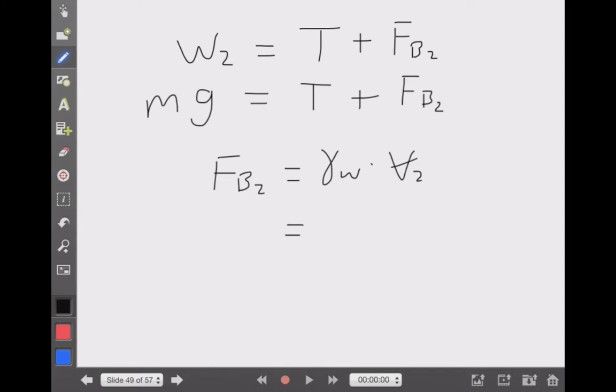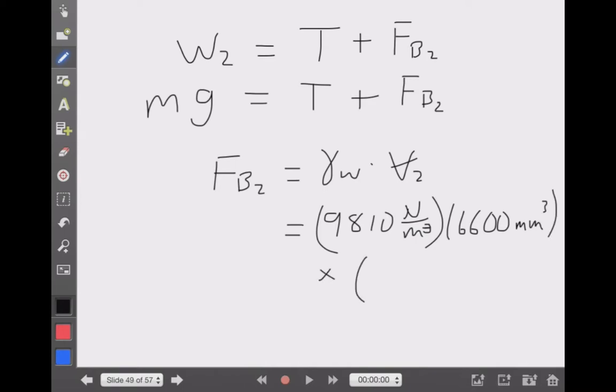And so that is just merely 9810 newtons per meter cubed, and we know that this was 6,600 millimeters cubed, and we'll multiply that by our 1 times 10 to the minus 9 meter cubed per millimeter cubed, again, to get the units right.